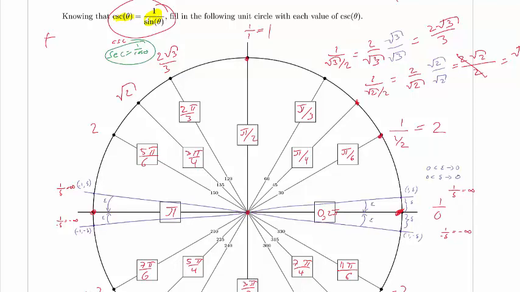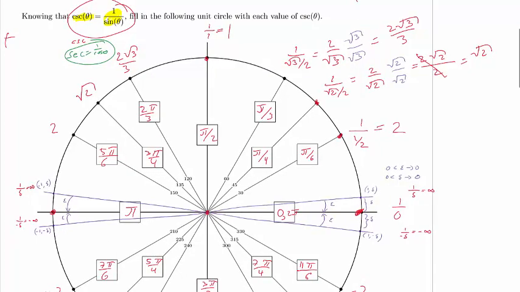Alright, so let's go through, let's look at our x values. Right here, the x value is 1. 1 divided by 1 is 1. Alright, and we come over here. The x value here is root 3 over 2, so we'll be doing 1 over root 3 over 2, and we already saw that that equals 2 root 3 over 3 from right here.